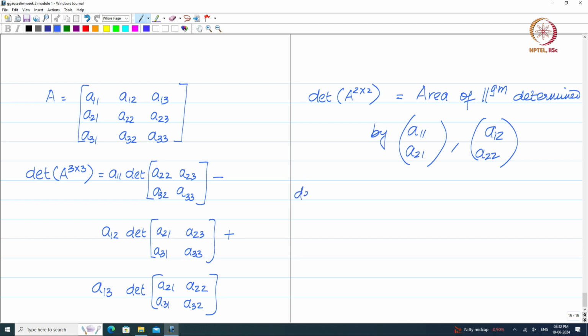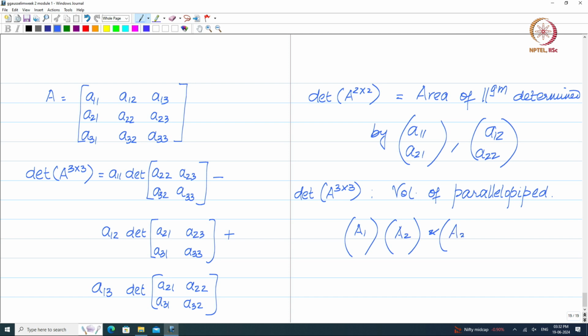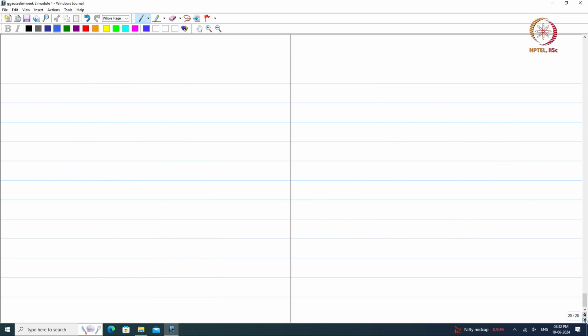For a 3 by 3 matrix, it corresponds to the volume of a parallelepiped determined by 3 column vectors A11, A21, A31, A12, A22, A32 and A13, A23, A33. Computation of determinant of larger size matrices is cumbersome.